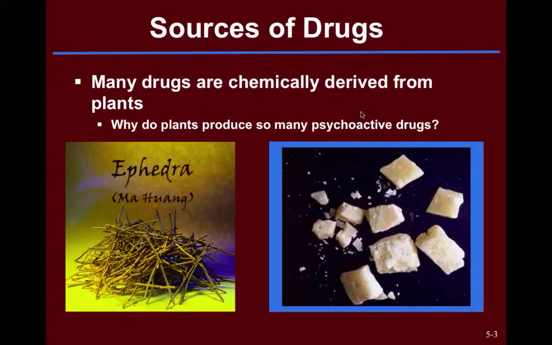And as we continue to look at drugs throughout the course of the semester, we'll realize that very few of them were actually synthesized in a lab by a human, and many actually begin in nature as a plant substance that's then further refined throughout the history of the drug. So we'll see that pattern over and over and over again.